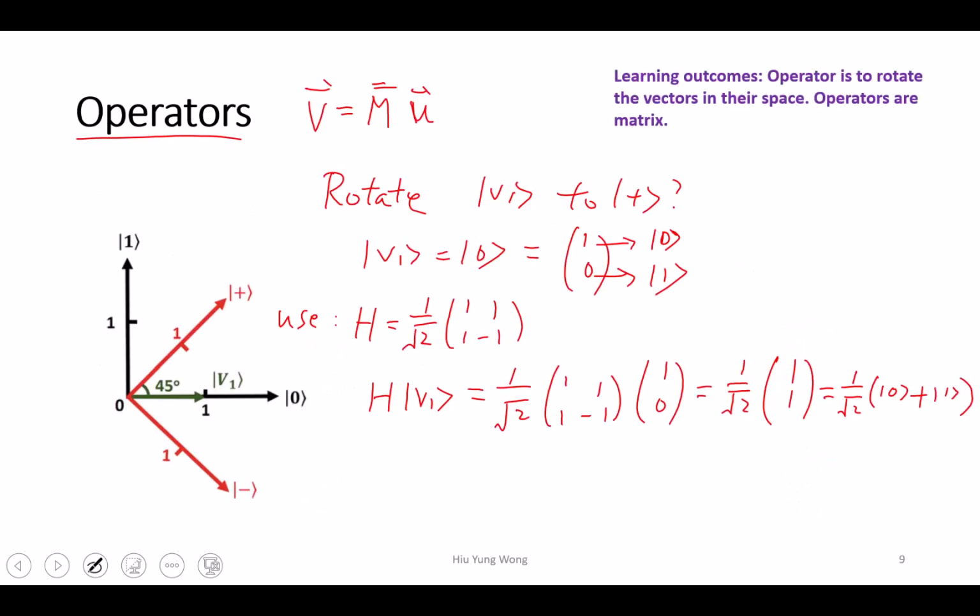So this one does give me plus. So I was here, which is 0. After applying this rotation matrix, I come to here, becomes plus. Now this is just a demonstration, right? But quantum computing is just like you try to find the correct matrix to rotate the vector and then do the computation you want. Okay?